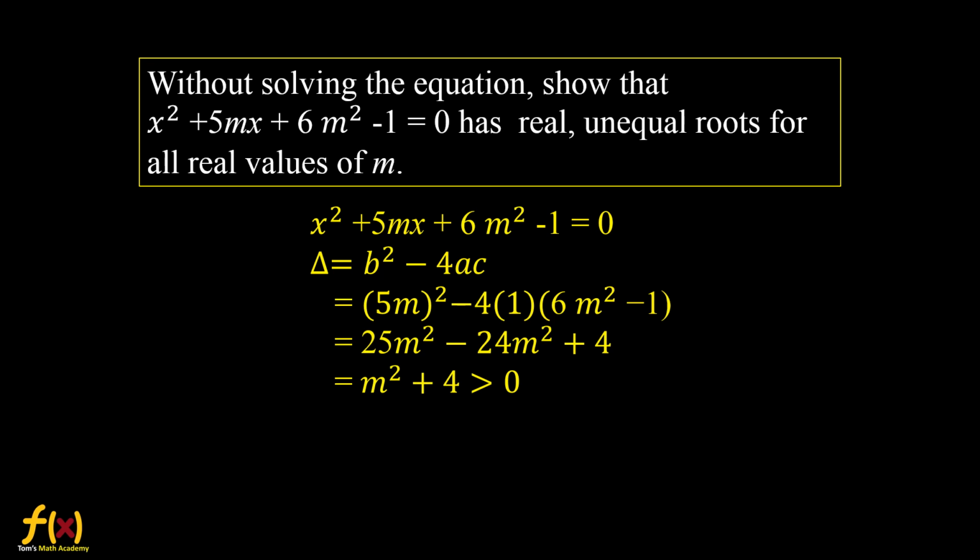And m square is definitely positive because it is a square. Plus 4 is also definitely positive, so ultimately we get a positive greater than 0, whatever be the value of m. Now, therefore, we conclude the roots are real and unequal for any value of m.